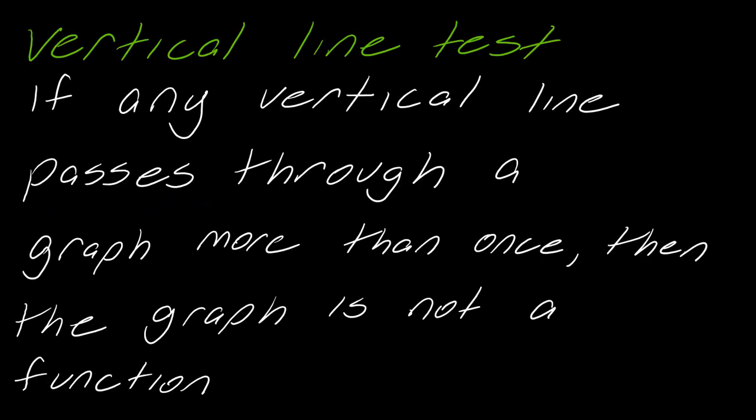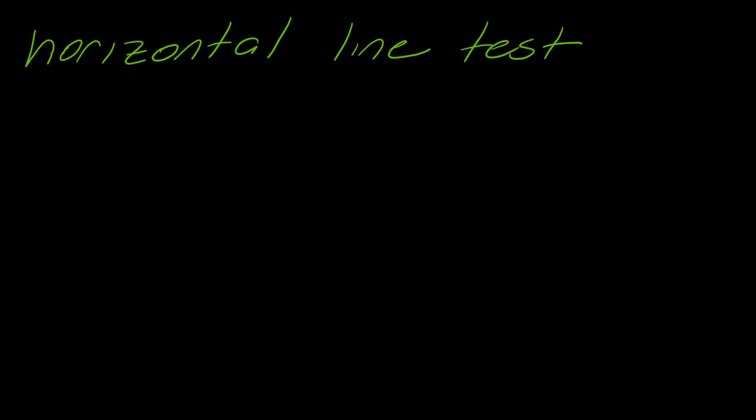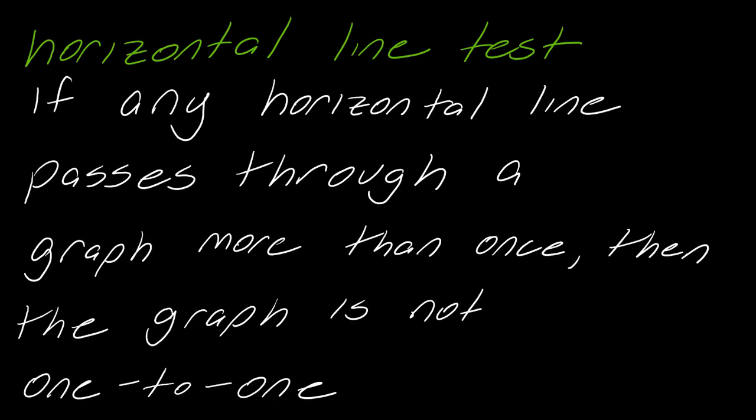Previously, I had talked about the vertical line test. This is a way to tell whether or not a graph represents a function. It says if any vertical line passes through a graph more than once, then the graph is not a function. When we talk about one-to-one functions, we have the horizontal line test. This says if any horizontal line passes through a graph more than once, then the graph is not one-to-one. So now we have two different tests.